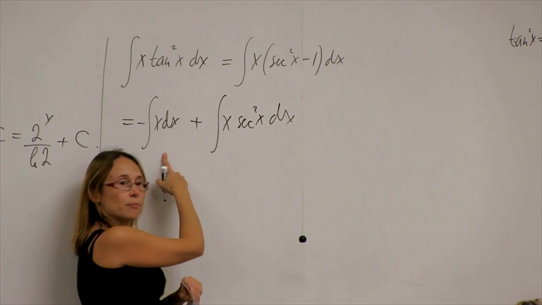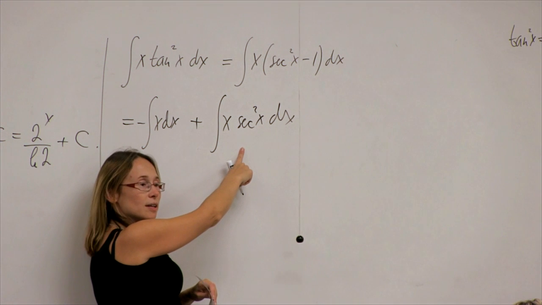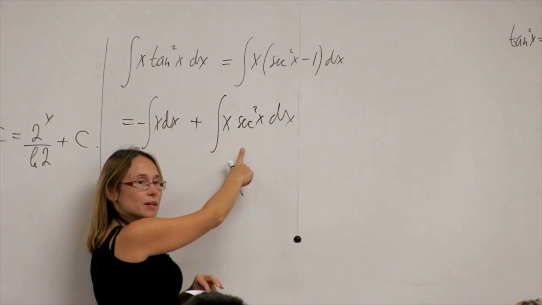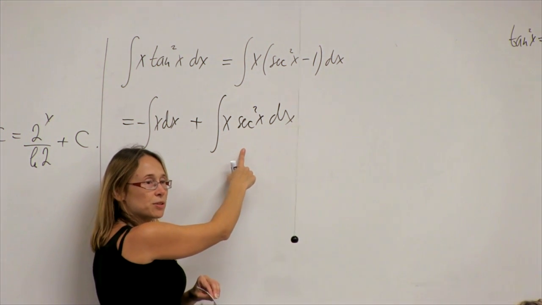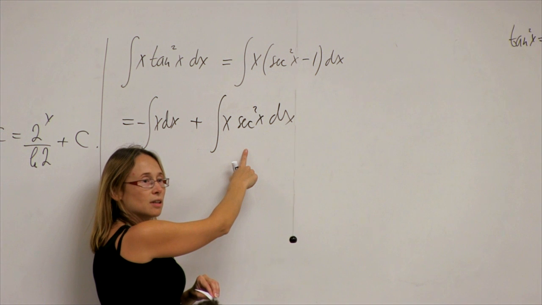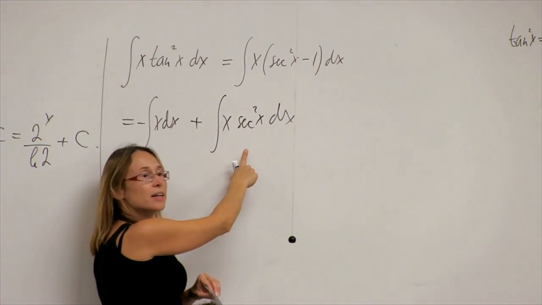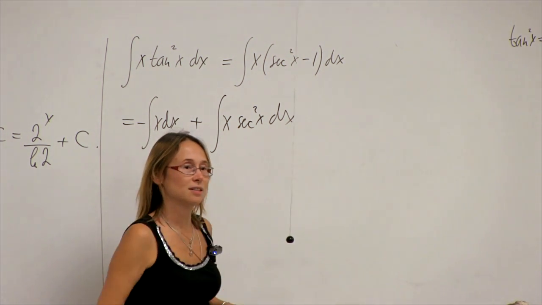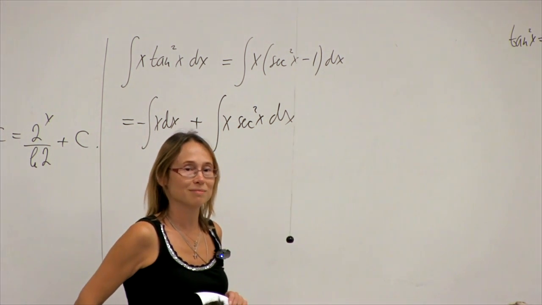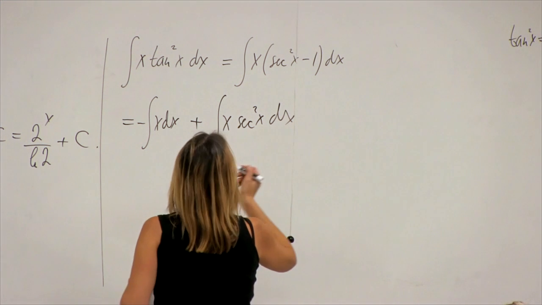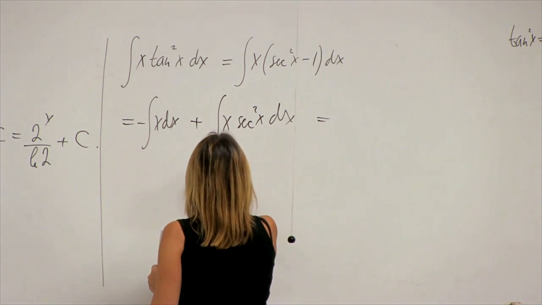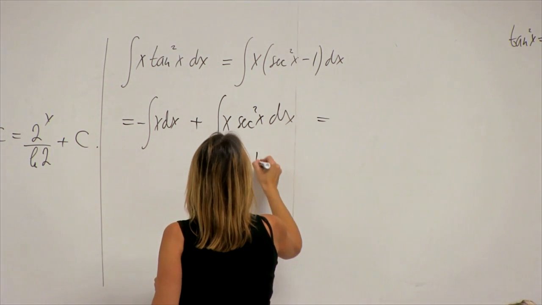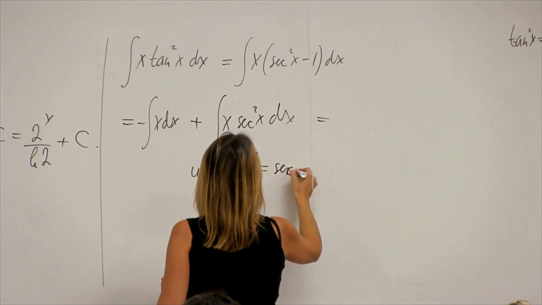This one is very easy. And this one requires a known and predictable method. What's the method? Integration by parts, because secant squared is a derivative of something, right? So let's write it like this: u equals x, v prime is secant squared x.